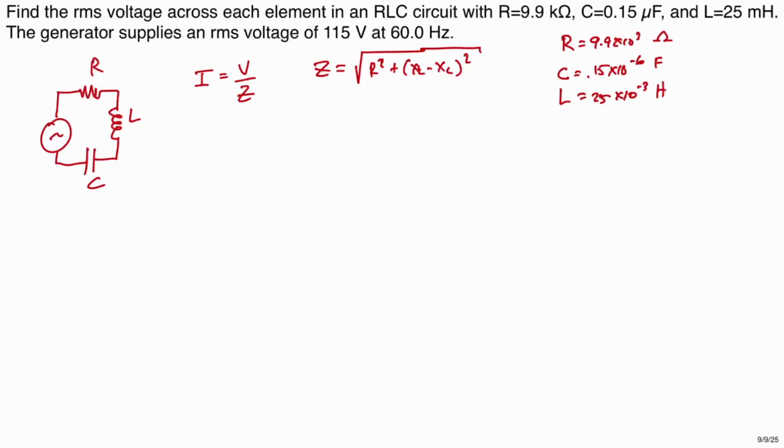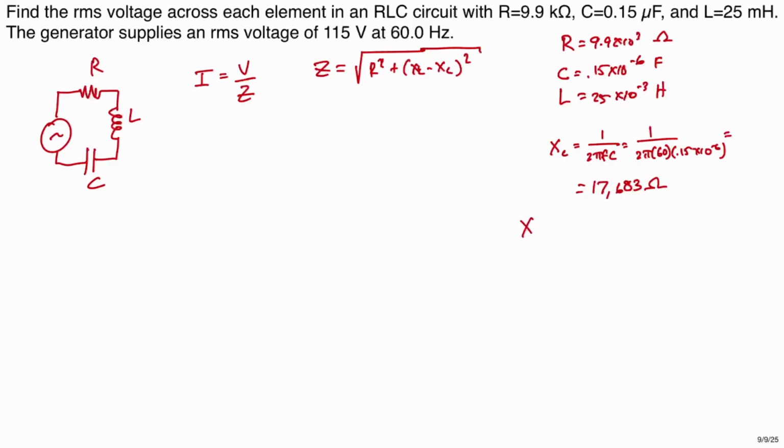Okay, so now I'm going to go find X sub C and X sub L. X sub C, 1 over 2 pi F times C. So that's 1 over 2 pi 60 times 0.15 times 10 to the minus 6. I got 17,683 ohms.